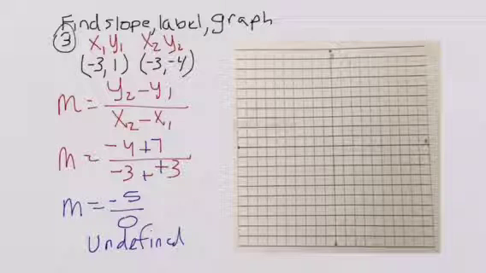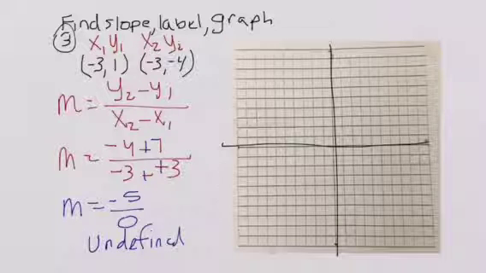So we're going to find our first ordered pair, and that is going to be negative 3, 1. And our second ordered pair is negative 3, negative 4. We're going to go to our very top ordered pair, and we're going to follow our slope. So we're going to go down 5 to the right 0.